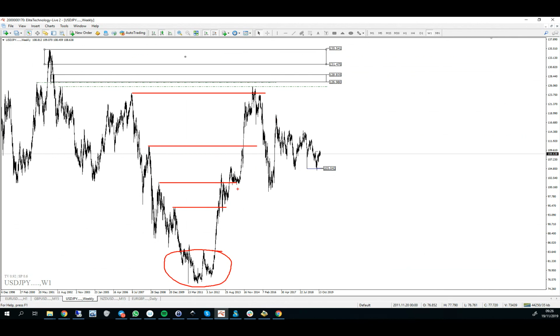And even though it was pushing lower than this base action, it was stopped by this demand, and it was loaded with a lot of sellers on the way up, and it reacted very, very strongly to the very next target, which is this supply.